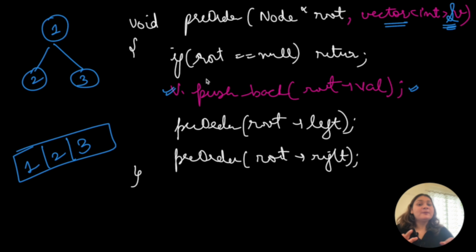So from now on in tree questions, whenever we want to store some data, we will follow this method. There are other methods also, but this is the best method that I have followed for all the tree questions. Now let's go to the LeetCode question and try to submit this question.